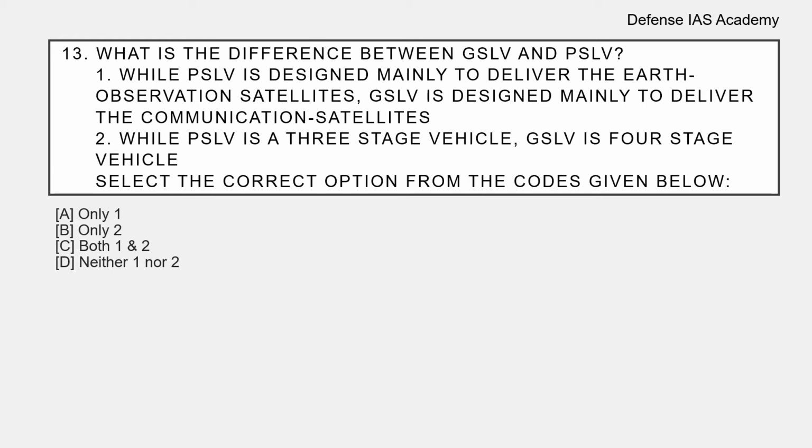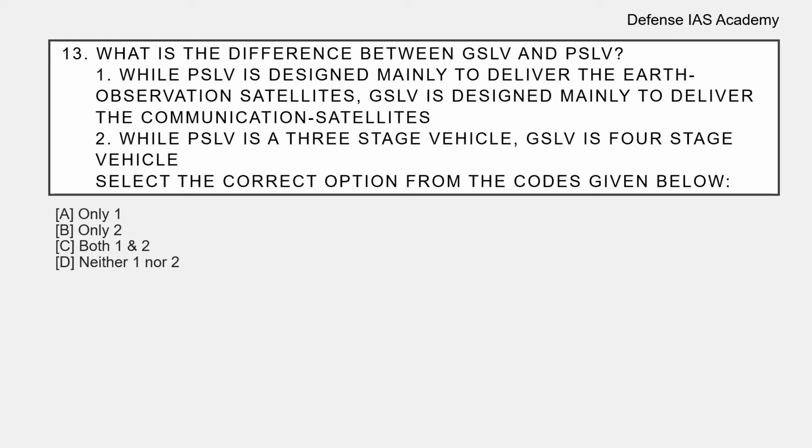Question number 13. What is the difference between GSLV and PSLV? 1. While PSLV is designed mainly to deliver the Earth observation satellites, GSLV is designed mainly to deliver the communication satellites. 2. While PSLV is a 3-stage vehicle, GSLV is 4-stage vehicle.